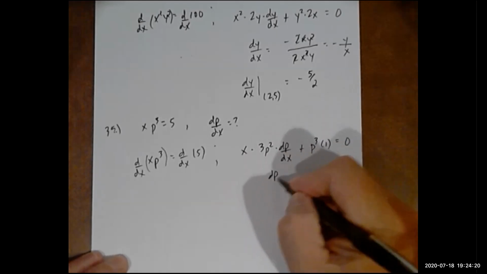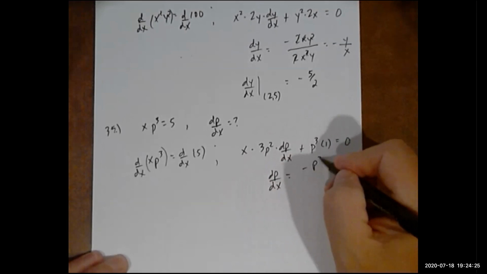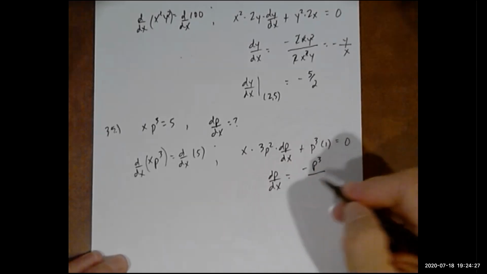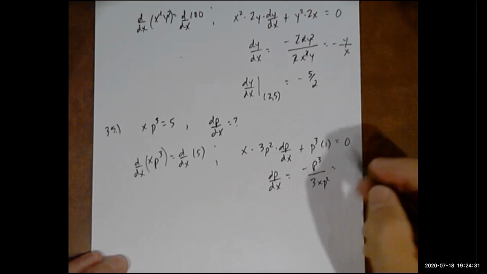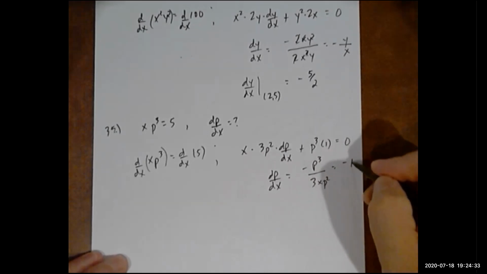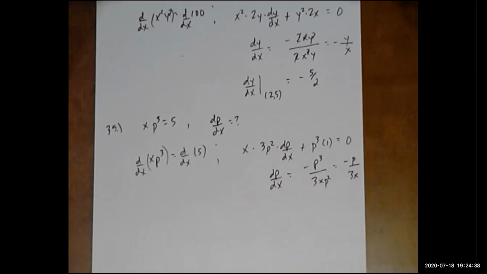If I solve for dp/dx, it's negative p cubed over 3xp squared. Cancel out the p's. Negative p over 3x.